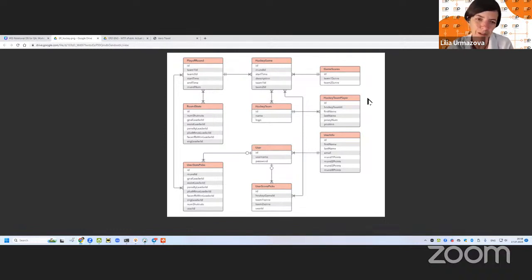But it is not an optimized table. It is not a normalized database because practically we have the same information in two tables here. Yeah, and it is better to connect with the hockey team.